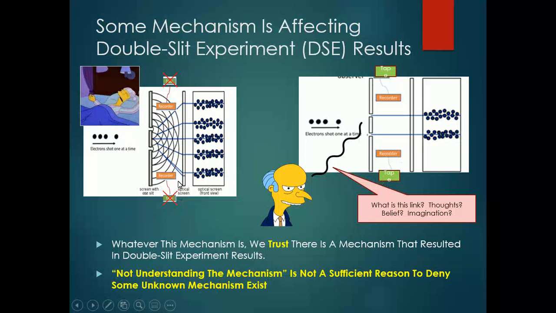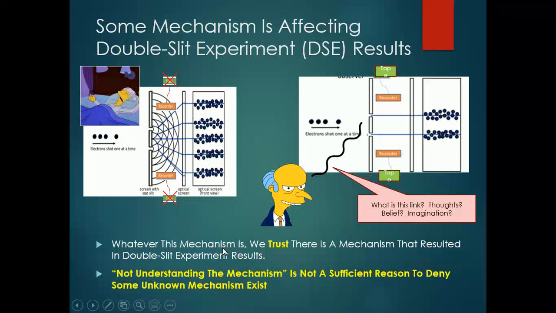It could be the data line, an Ethernet line with a PC that's connected. If I just turn off the recording device, the experimental results become multiple lines again, which means it turned back to being a wave. There has to be some kind of mechanism behind this phenomenon where I turn on the recording device and it becomes particles, and if I turn it off, it behaves like waves.